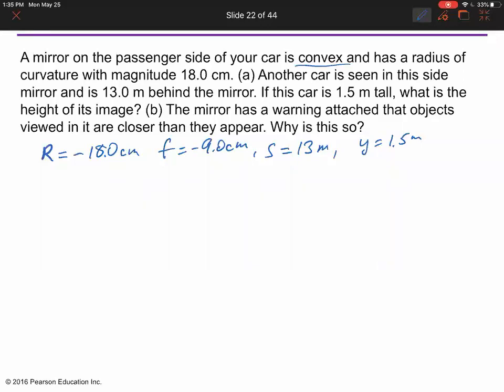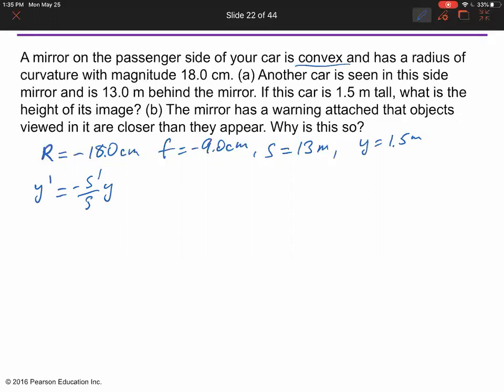For part A, we want to find the height of its image. Just like the previous example, the height of the image equals negative s prime over s times the object height.